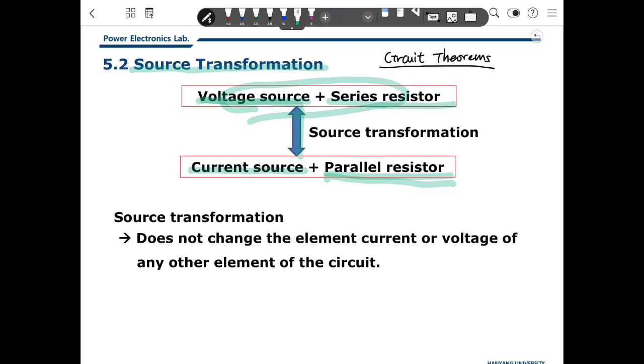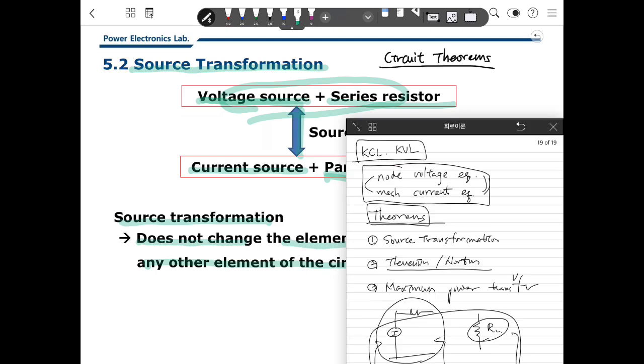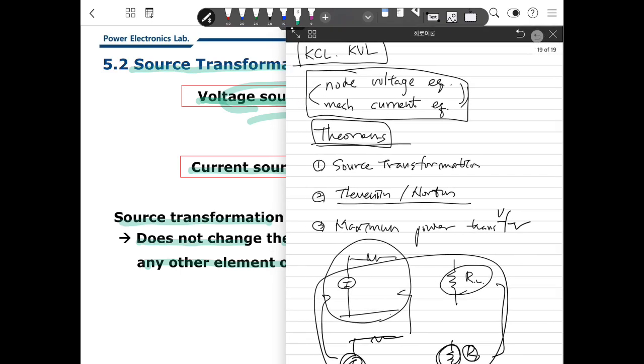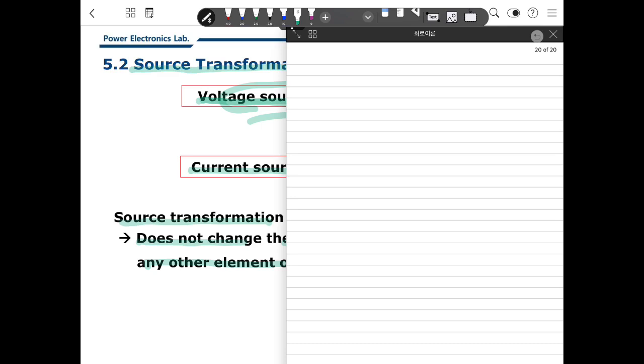The source transformation does not change the current or voltage of any other element in the circuit. What is the meaning of the source transformation? I will give you an example here.